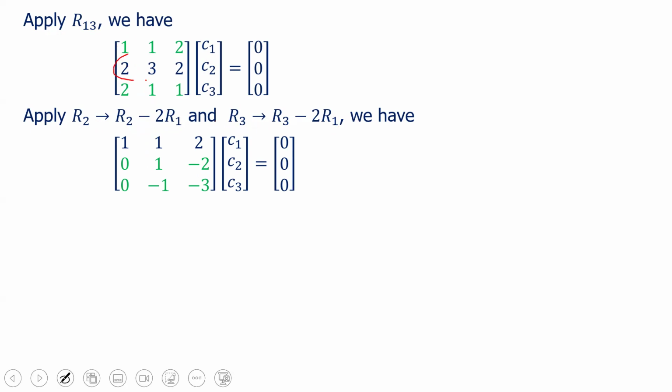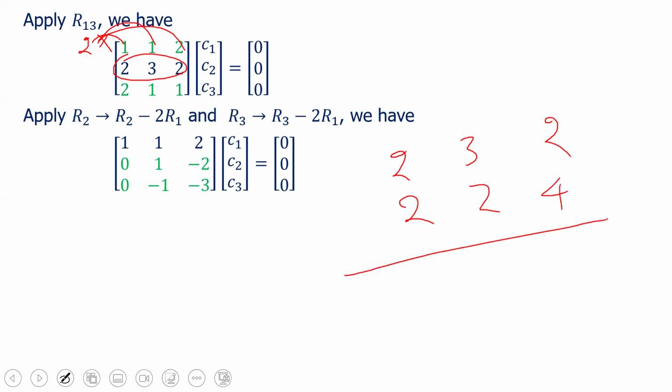The second row is 2, 3, 2. We multiply the first row by 2: 2 into 1 is 2, 2 into 1 is 2, and 2 into 2 is 4. Subtracting, 2 minus 2 is 0, 3 minus 2 is 1, and 2 minus 4 is minus 2. So the row is 0, 1, minus 2.